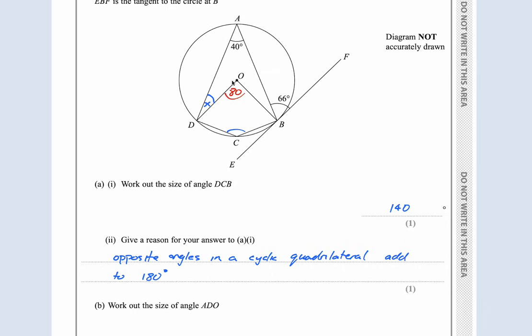Well, angles at the center are double the angle at the circumference. So if we're coming from the same place, from D and B, this angle is double that, so that's 80. Which means this bigger one, all the way around here, is 280, because 280 plus 80 equals 360, the full circle.